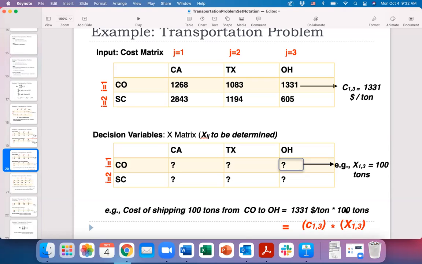We, of course, don't know what the optimal amount to ship between Colorado and Ohio yet, right? So we represent that unknown with our decision variable x, which is the amount being shipped from Colorado to Ohio. So this is how we would compute the cost of shipping, in general, X amount from Colorado to Ohio.